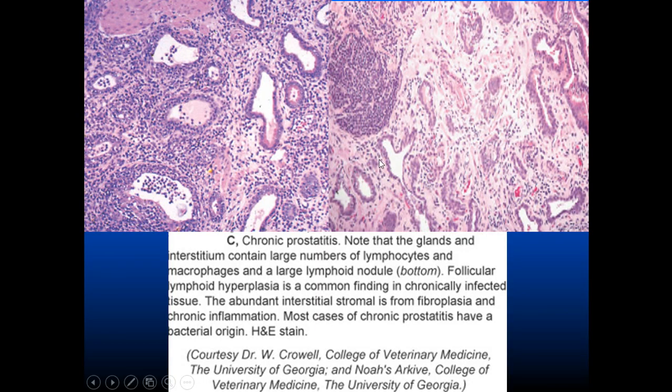This is the common finding in chronic prostatitis: many inflammatory cells and also thick fibrous tissue, just like this one here.